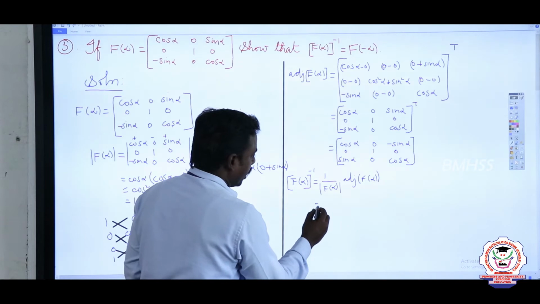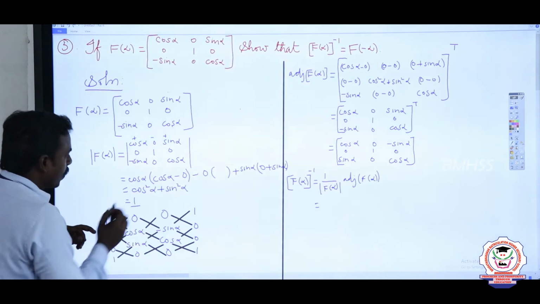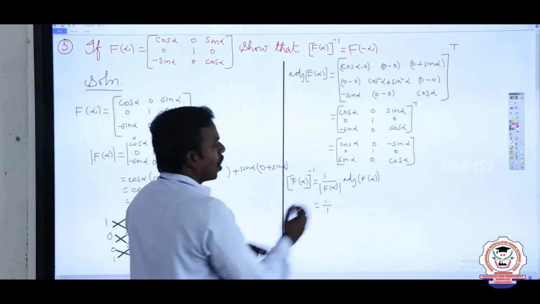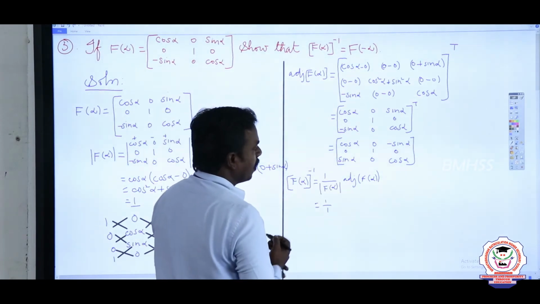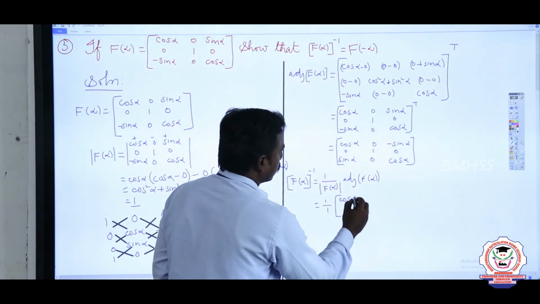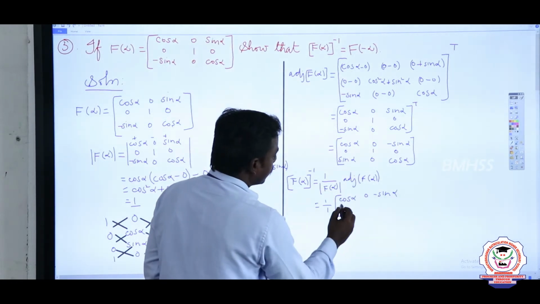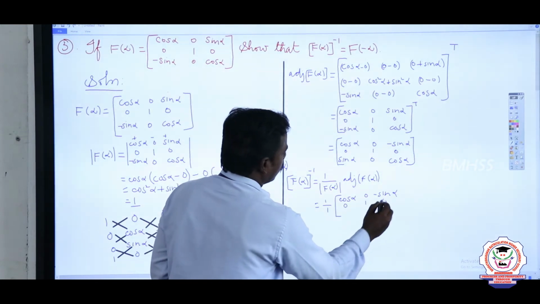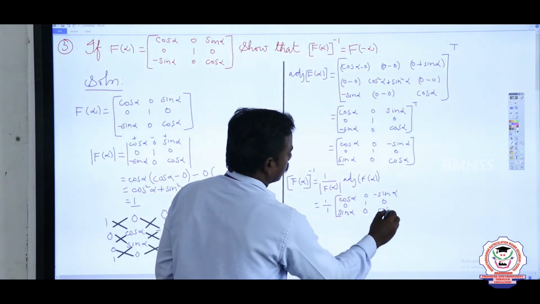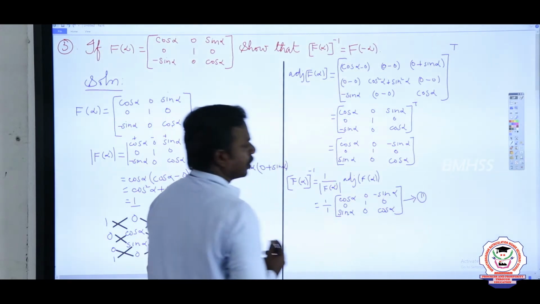The determinant of f of alpha we have found is 1, so 1 by 1 into adjoint of f of alpha. So the left hand side is cos alpha, 0, minus sin alpha; 0, 1, 0; sin alpha, 0, cos alpha. Keep this.